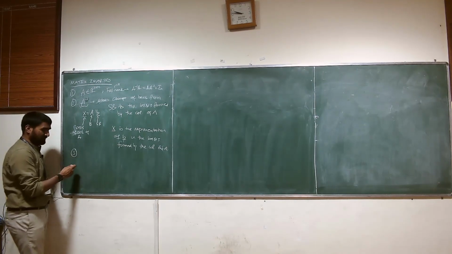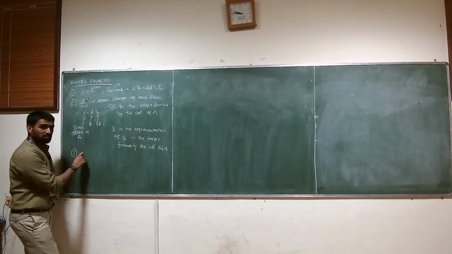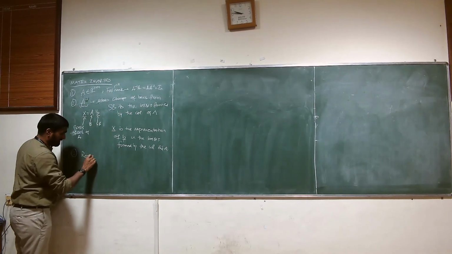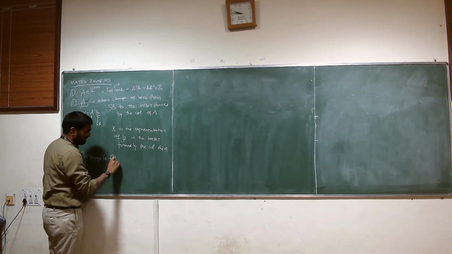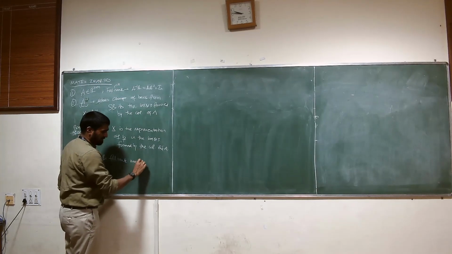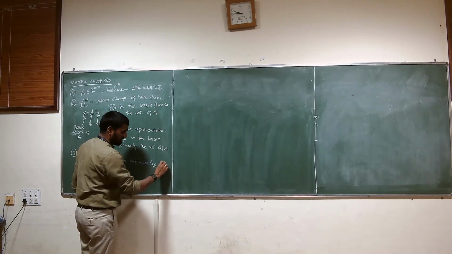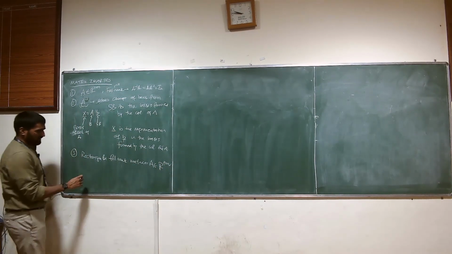What else did we talk about? Ah, yes. So rectangular matrix. Says A is P cross Q. Okay.